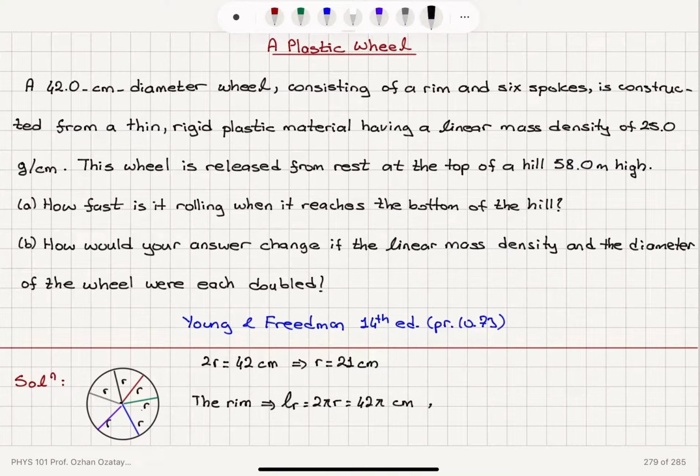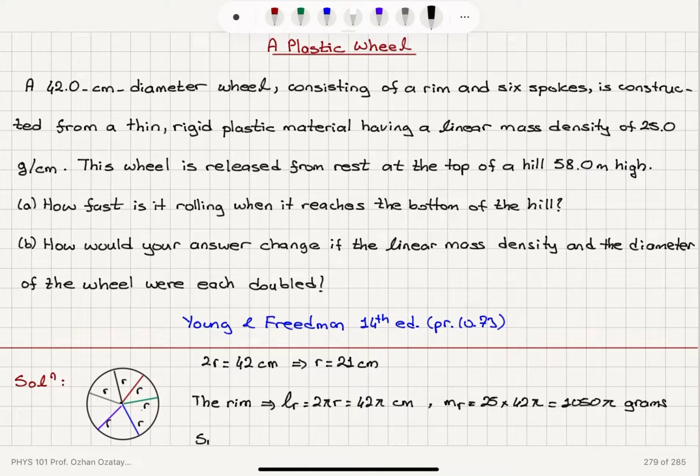The mass of the rim, on the other hand, will be equal to the mass density 25 grams per centimeter multiplied with 42 pi centimeters. This gives us 1050 pi grams for the mass.